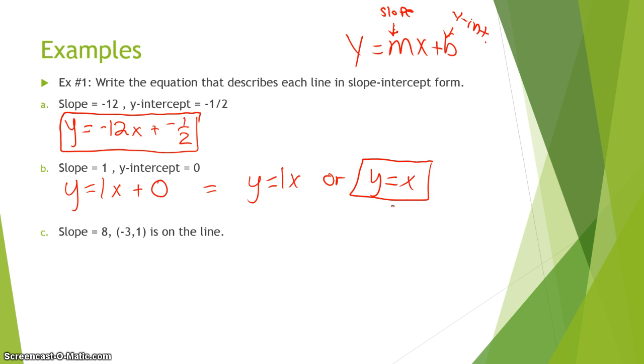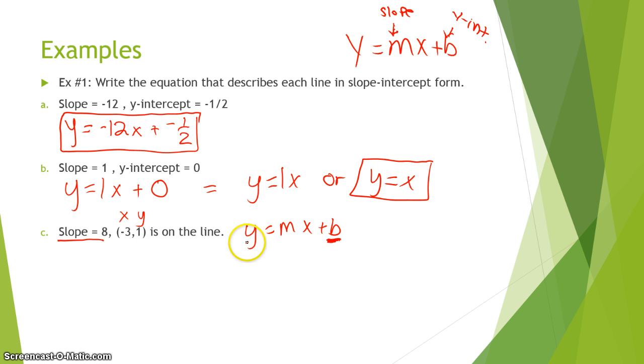Let's look at C. C is a little bit different than A and B. Here they're giving me my slope, which is 8, but they're giving me a point that falls on the line at negative 3, 1. They're giving me an x value and a y value, but they're not giving me my y-intercept, my b. So let's set this up in the y equals mx plus b form, and what you'll notice is we're actually going to be solving for b.